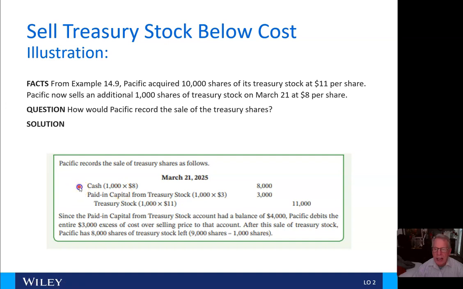So here we're only getting $8,000, $8 times 1,000 shares, and we have enough left over in paid-in capital, which is currently at $4,000, and we can reduce that by $3,000 here, and we reduce our treasury stock with a credit of $11,000 based on the $11 purchase of that. Okay, so now we only have 9,000 shares left from the 10,000 shares.